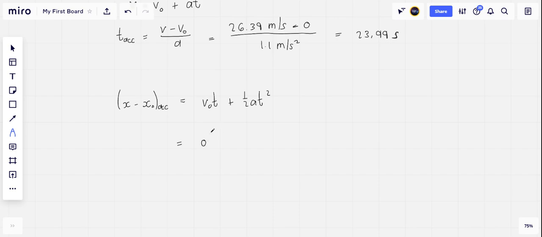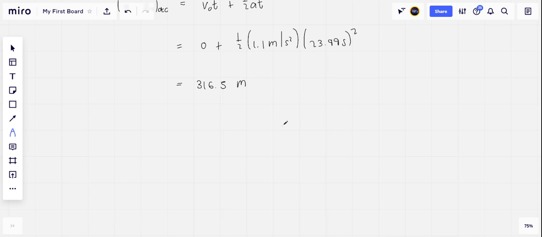So that's 0, since the initial velocity is 0, plus a half times the acceleration of 1.1 meters per square second times the time of 23.99 seconds all squared, which gives us the displacement during this phase to be 316.5 meters.